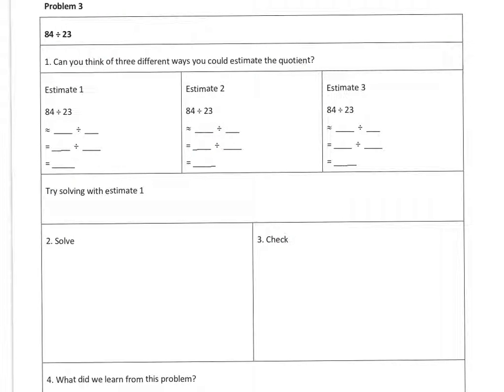So we have 84 divided by 23. Let's think of 3 different ways we could estimate this quotient. Let's see, we could do 80 divided by 20, or we could have 90 divided by 30, or we could do 100 divided by 25.